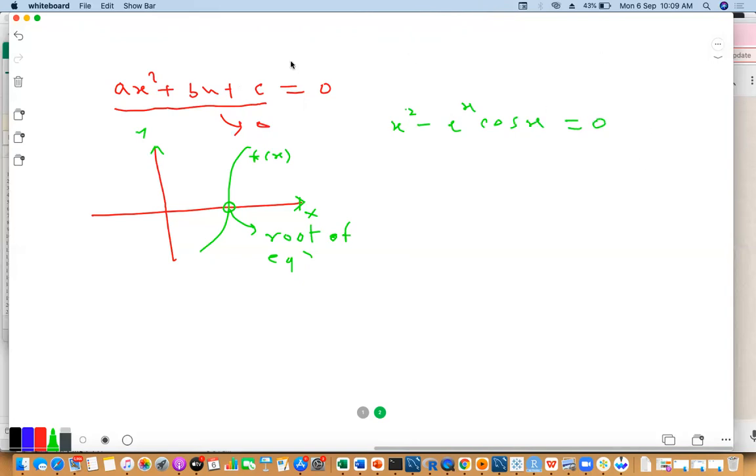Now you cannot easily find the root of the equation for this kind of function, right? So for these kinds of functions, we will be using numerical methods.